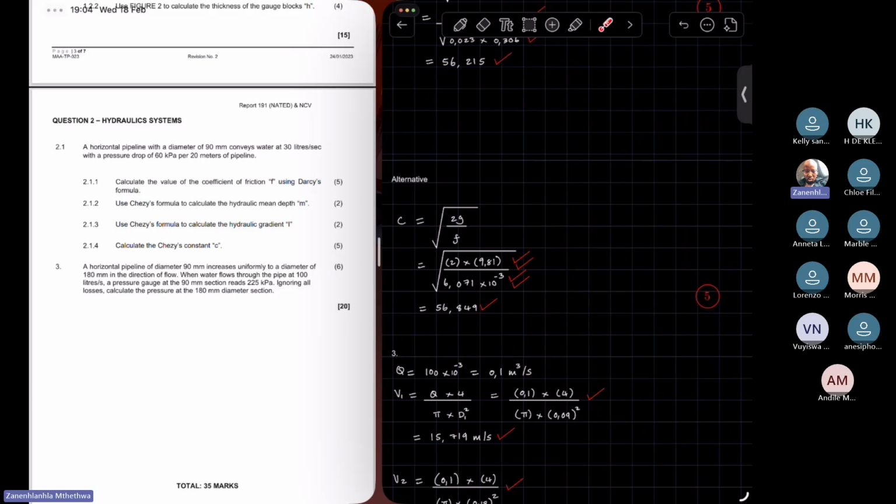It is good practice that you make use of engineering notation for such small answers. 0,006 is very small, so it doesn't do us justice in terms of accuracy if you use it as 0,006. That is why you must make use of engineering notation there.